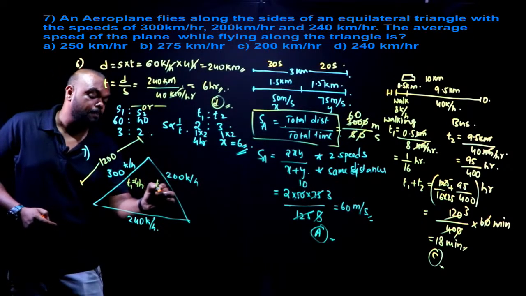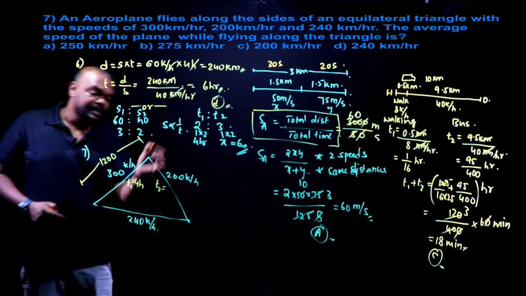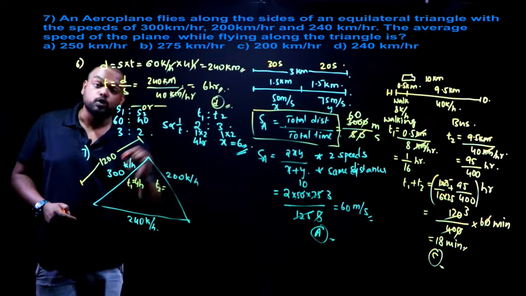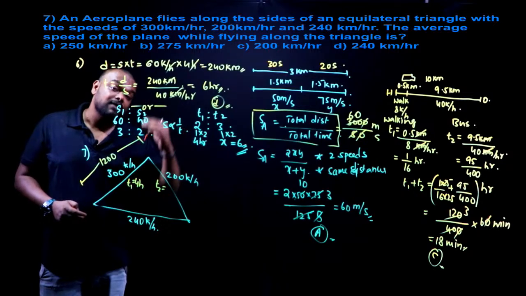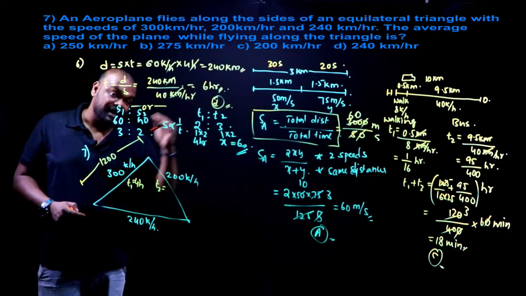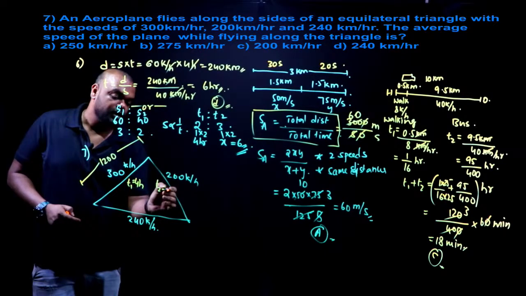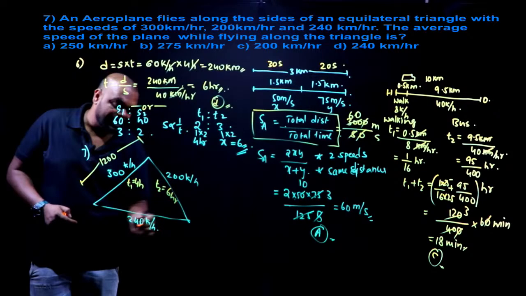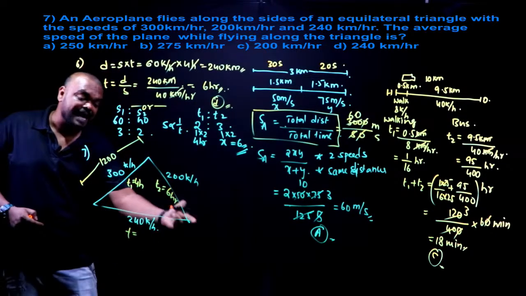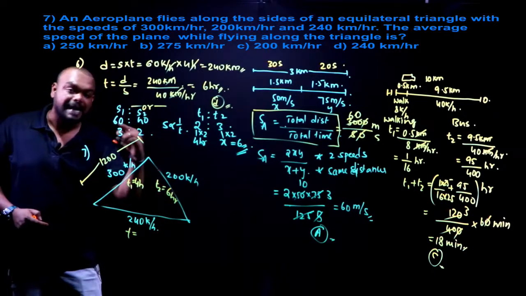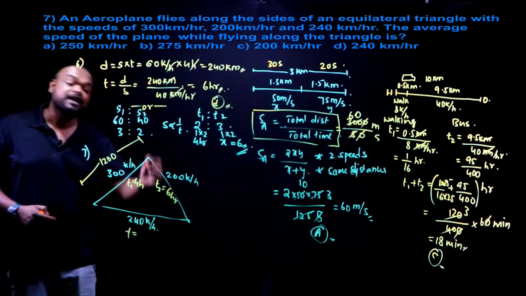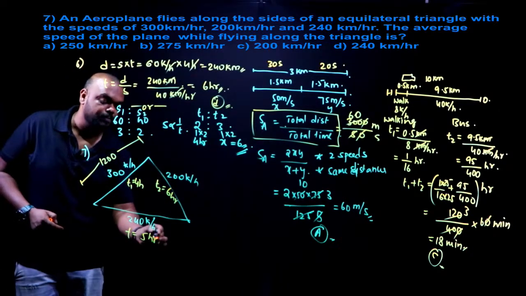In this case, distance will be the same 1200. Speed is 200. So 1200 divided by 200, you will get 6 hours. In this case, again the same 1200 kilometers because it is an equilateral triangle. But speed is 240. 1200 by 240 should give us 5 hours.